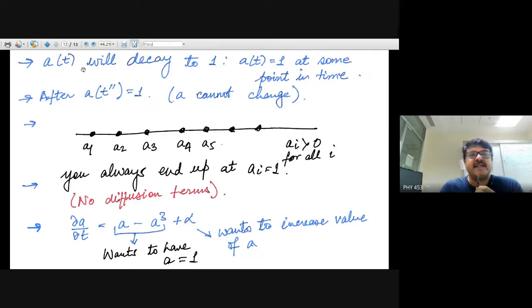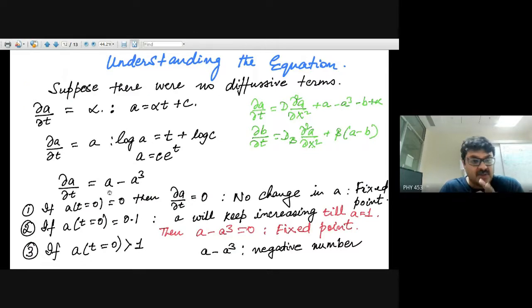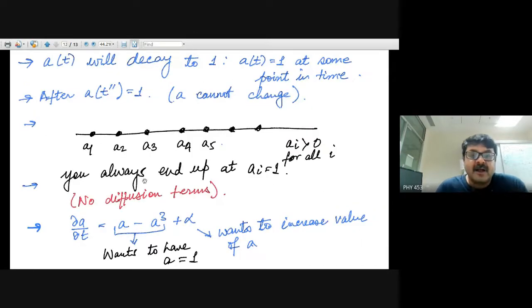As I said, A will decay to 1, and A will remain 1 at some point in time. It cannot change. And similarly, if the value of A at different points in space was 1, or close to 1, it is going to flow back, even if you give small deviations. That was, of course, using this equation, not the reaction diffusion equation. Okay, so this is the message.